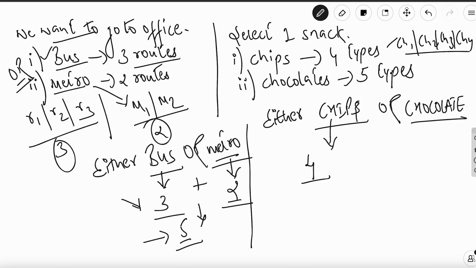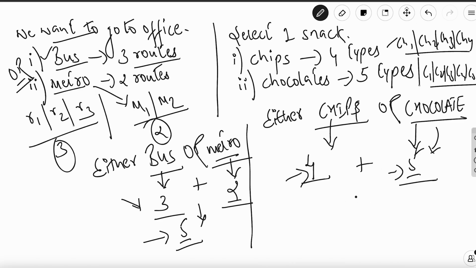For chocolates, we have C1, C2, C3, C4 and C5, so five options. If we go by chips, we have four options. If we select chocolates, we have five options. So the total options that we have are basically 9.